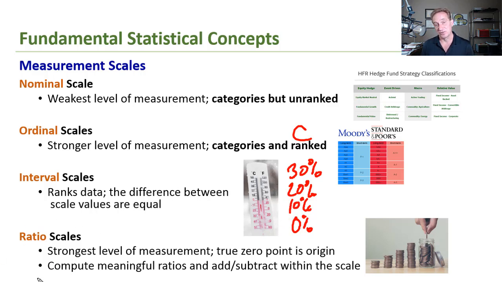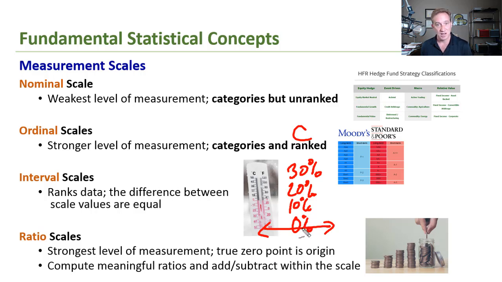However, it's not a ratio scale because, well, a way to look at this is that the 0 here is not actually the absence of temperature, and therefore we can't use ratios on this. What I mean there is 30 degrees Celsius is not 3 times the temperature of 10 degrees Celsius, because these are not ratios, because this 0 is not a true 0 point at the origin.